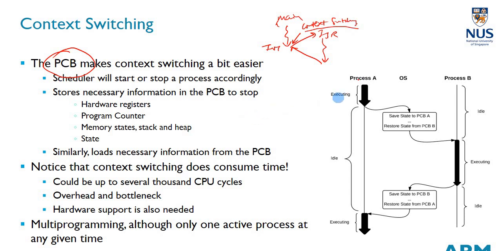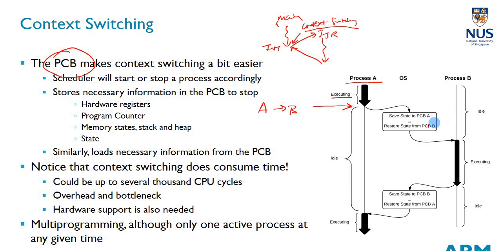So if I'm currently executing task A or process A, and at this point of time some event has happened that is going to cause me to switch from A to B. What exactly this event is and why it is happening is what we will be discussing in other lectures. But for now, we just take it that prior to this point of time, A was executing, and at this point of time something has happened, and the OS needs to switch from process A to process B.